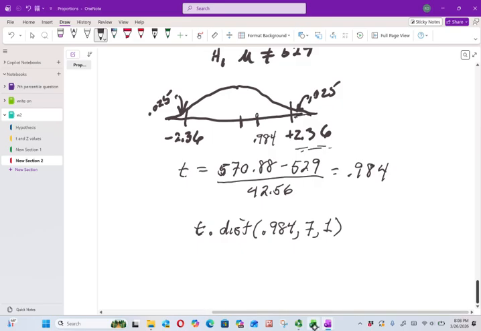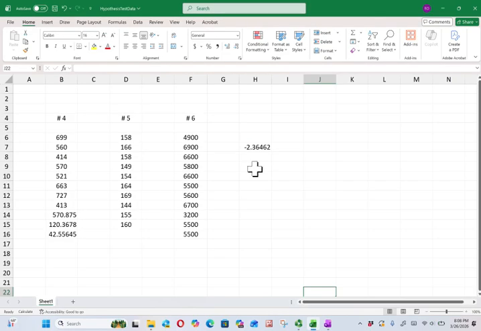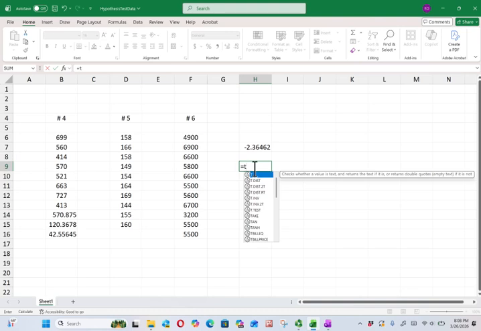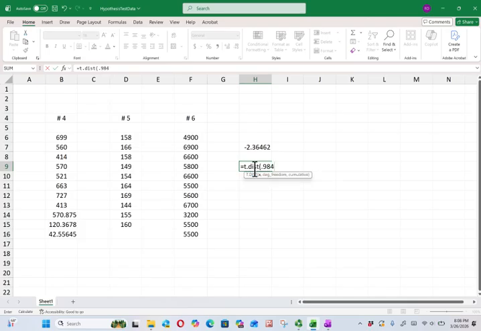So we need to go to Excel, and this becomes equals t dot dist, 0.984, 7 degrees of freedom, and we want it to be cumulative.